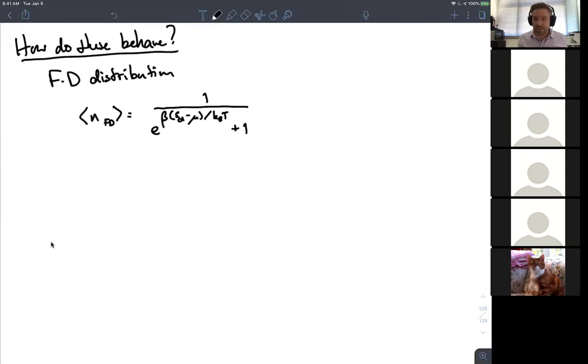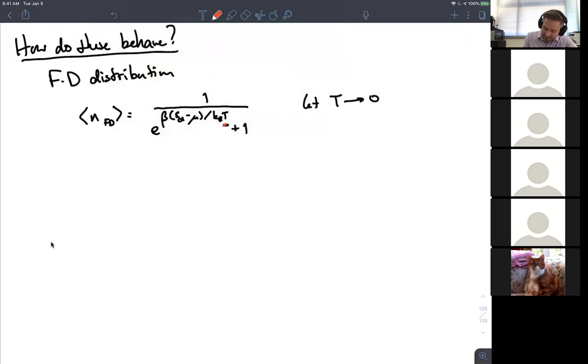Now, to get an intuitive sense of the way this behaves, let's look at its behavior for very low temperature. So let's let the temperature go to 0. You can see that the temperature is in the denominator of our exponent.